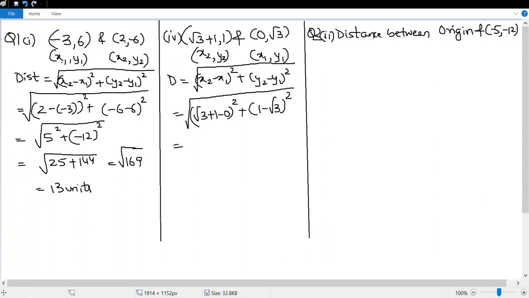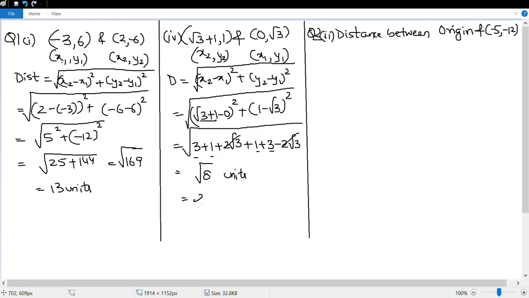So root 3 plus 1 whole square is in the form a plus b whole square, which means a square plus b square plus 2ab. And then this one will be a minus b whole square, which means a square plus b square minus 2ab. Done. This and this get cancelled. So I'm left with 3 plus 1, 4 plus 1, 5 plus 3, 8. Square root of 8 units, which is basically 2 root 2 units.